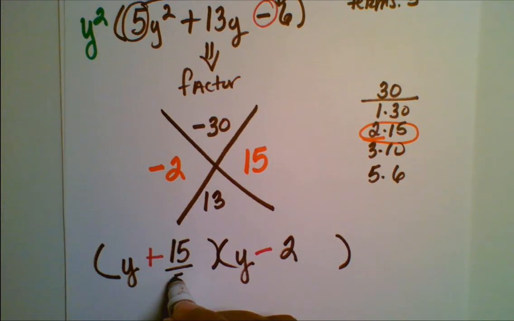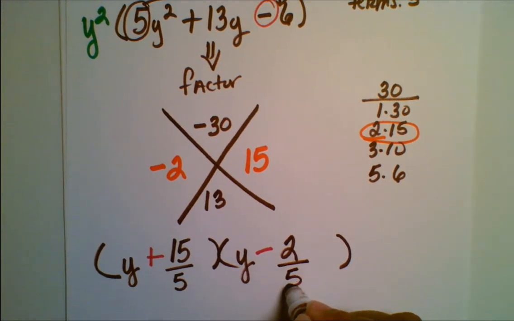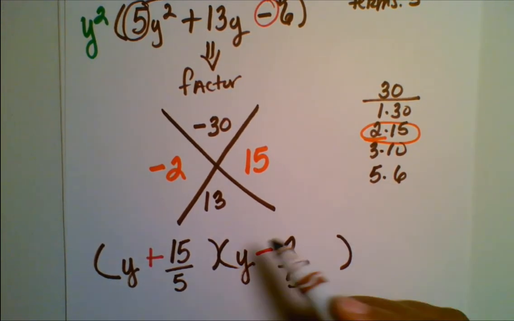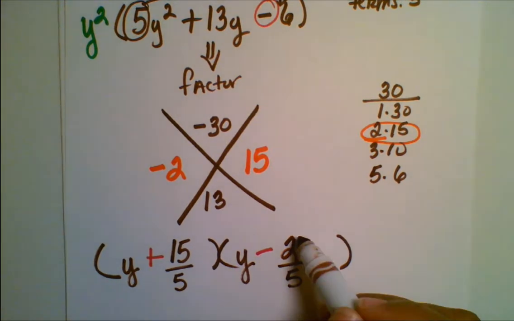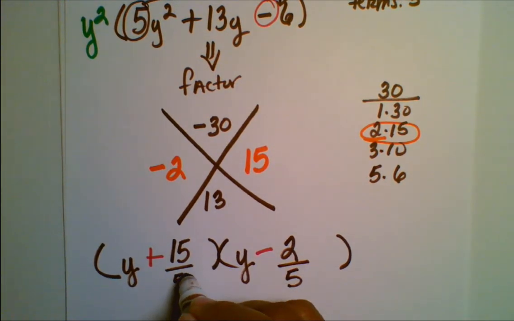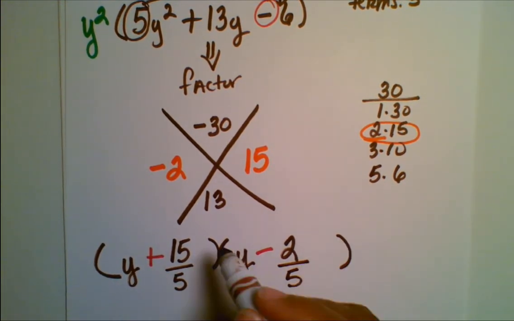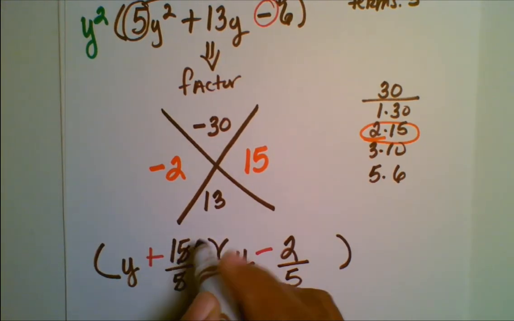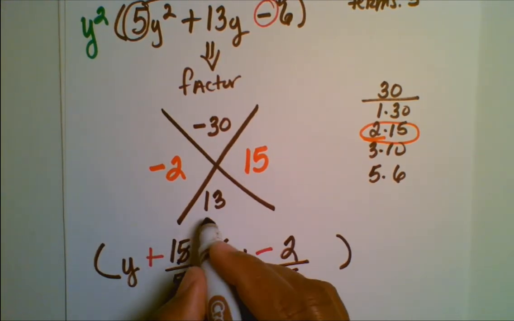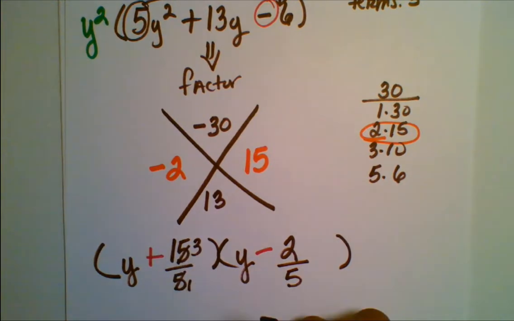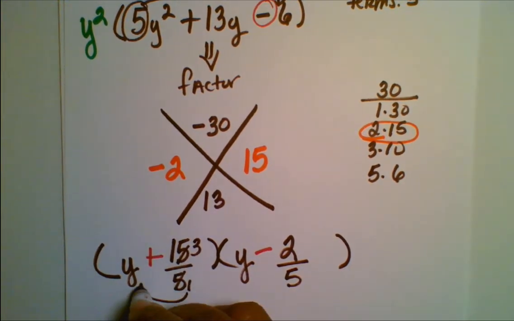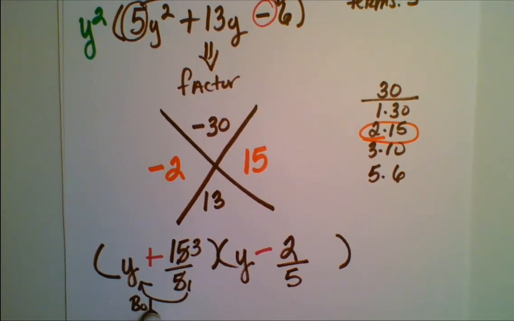So we're going to take the leading coefficient of that trinomial, which is 5, and we're going to divide it into the last term. So if we have to reduce, we reduce. And then lastly, bottoms up.